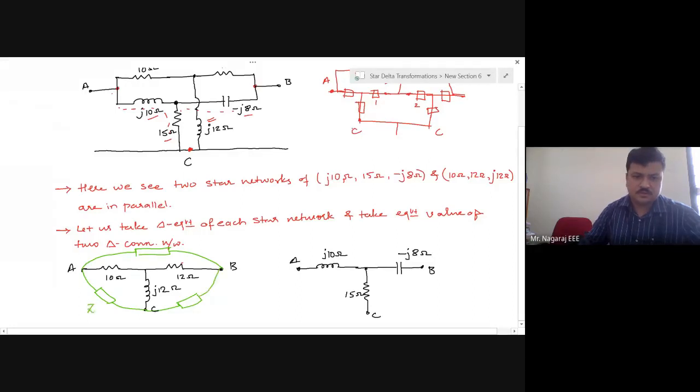So this is ZCA, ZBC, ZAB. I will take this as Z dash, Z dash, and Z dash. This, I will take this as Z double dash AB.